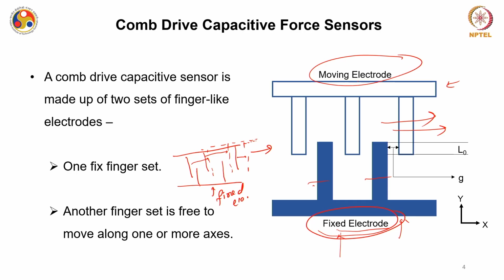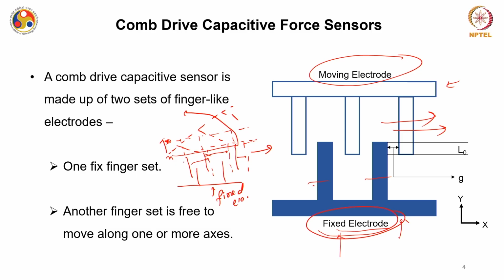Now consider that these electrodes have moved from this position to this position. There can be one more movement, which is along the z axis. If I consider that this point is fixed and this is moving along the z axis, it will look something like this.